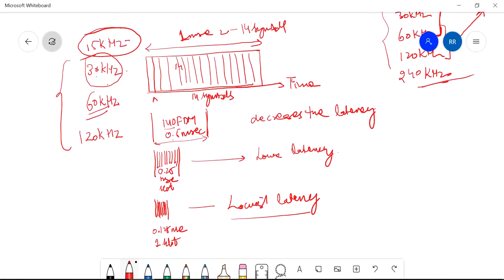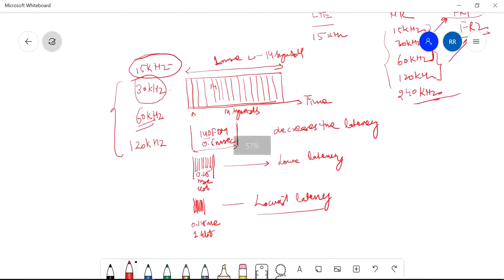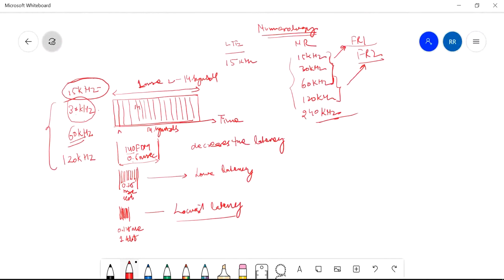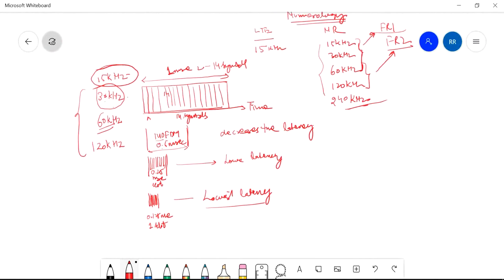This is one main concept, the difference between LTE and NR frame structure.